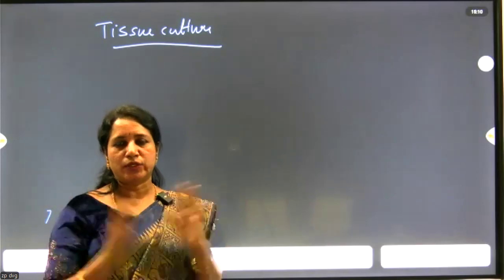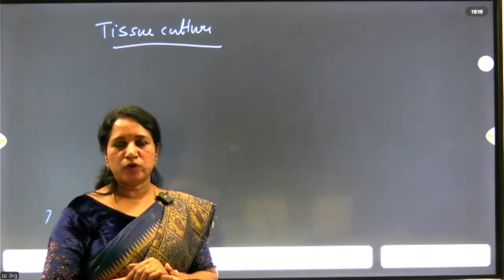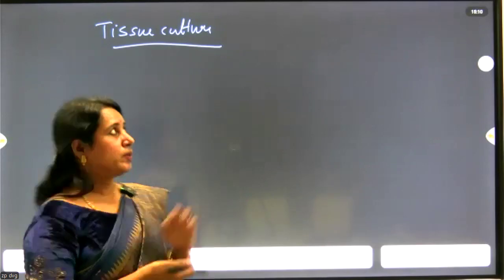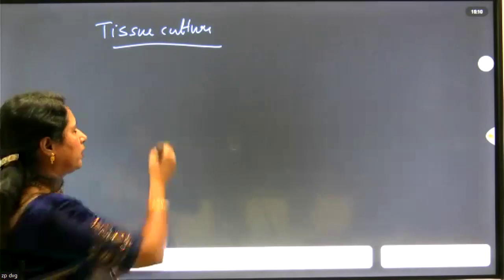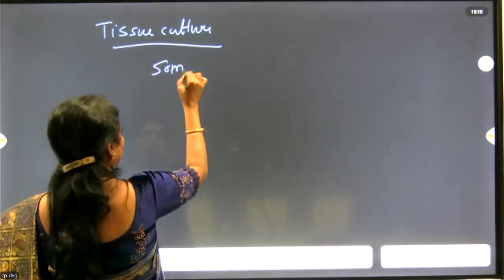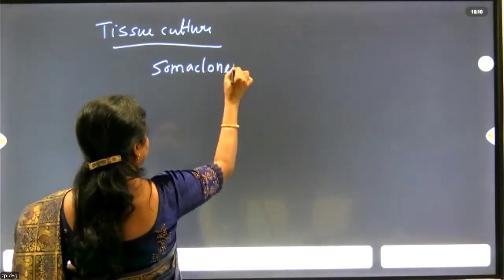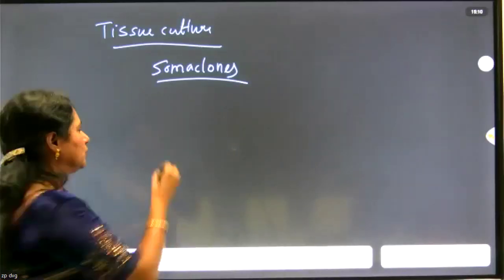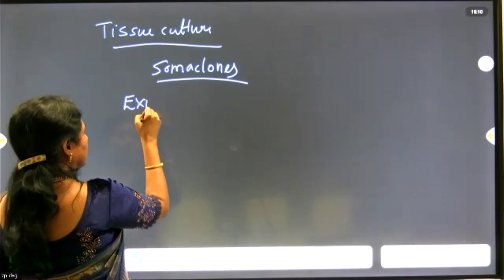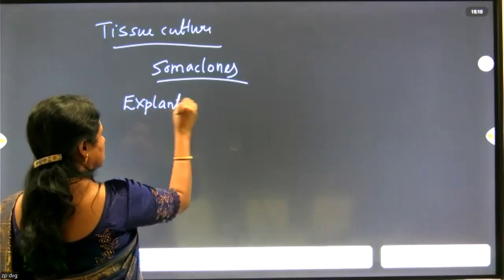These genetically and morphologically similar plants obtained from tissue culture techniques are all called soma clones. So in tissue culture, we take explants.